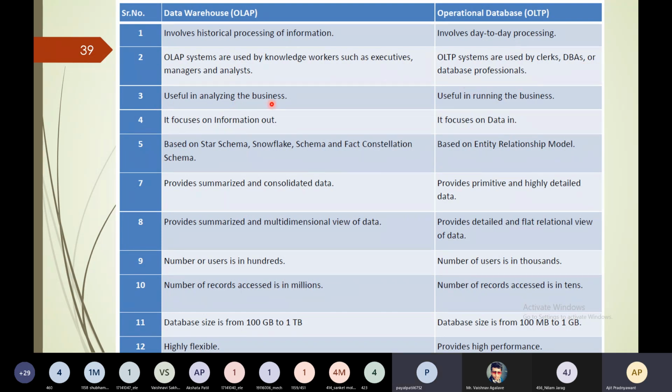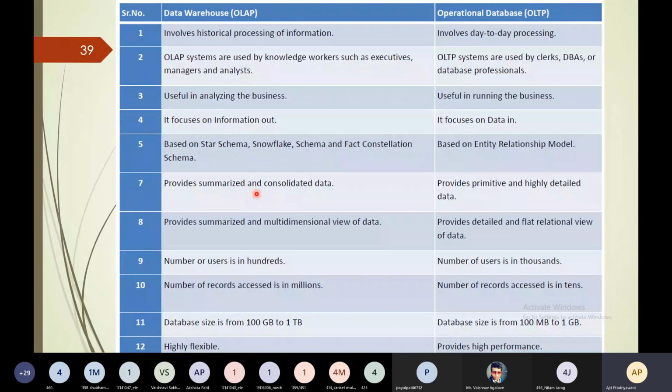OLAP is useful in analyzing the business, whereas OLTP is useful in running the business. OLAP focuses on information output, information out. OLTP focuses on data in. OLAP is based on star schema, snowflake schema, and fact constellation schema, whereas OLTP is based on the entity relationship model.